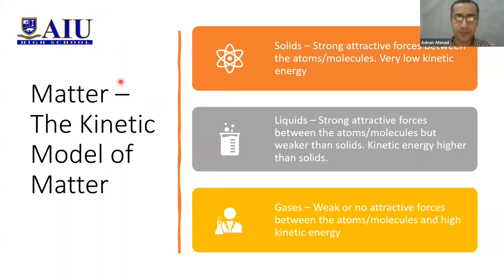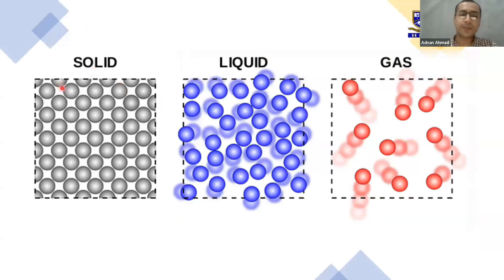Okay. So these are the pictures of solid molecules and liquid molecules and gas molecules. You can see here in the first picture I have shown the molecules or the atoms of solids, and solid is a state of matter. As you can see, these are tightly packed, there is very little space between them.